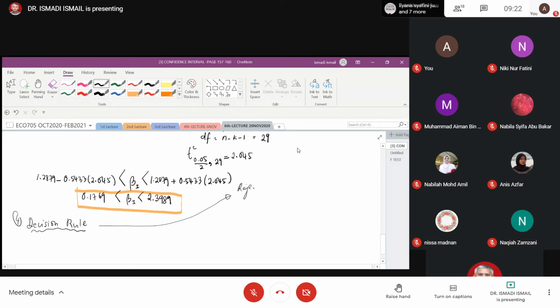Reject H0 if the true coefficient beta that is hypothesized under the null hypothesis falls outside a 1 minus alpha percent confidence interval.